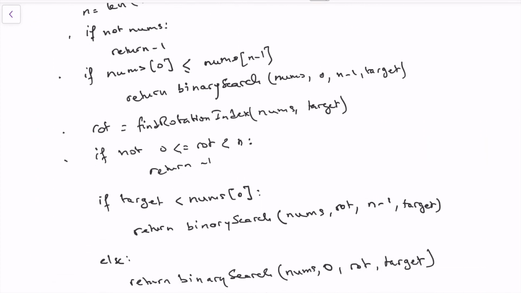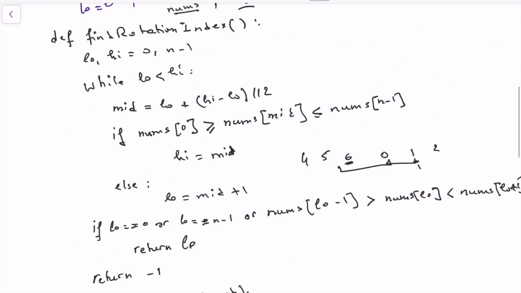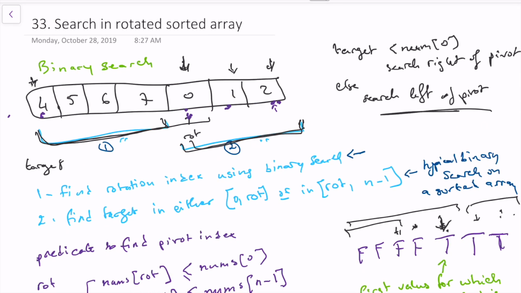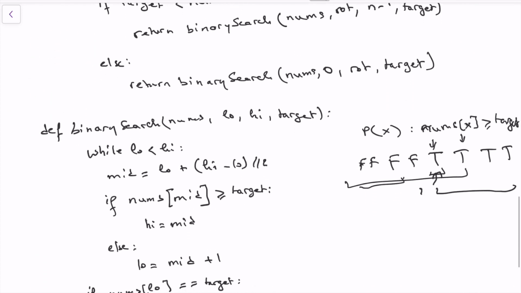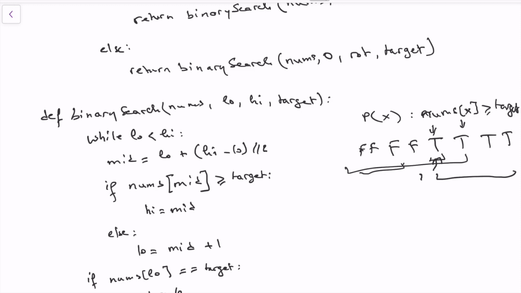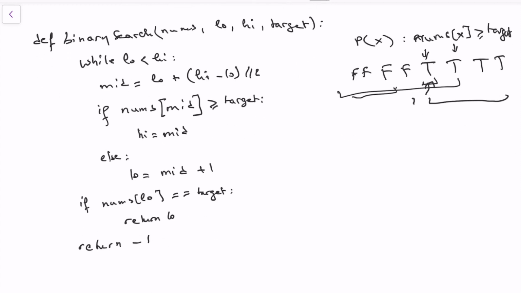We decide using whether the target value is smaller than the first element. If it is smaller, then we need to look at the right portion. If it's bigger, we need to look at the left portion, and that's pretty much it. Now let's code this up on Leetcode and make sure it passes all test cases.